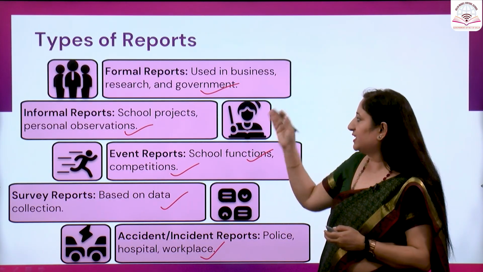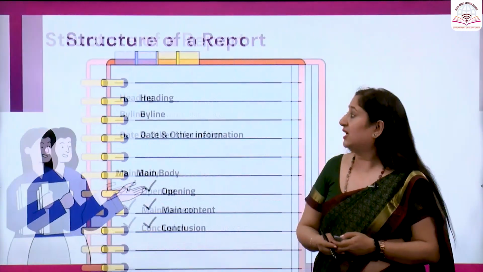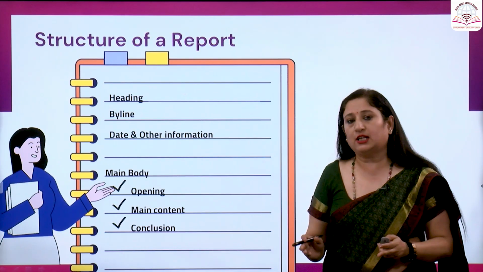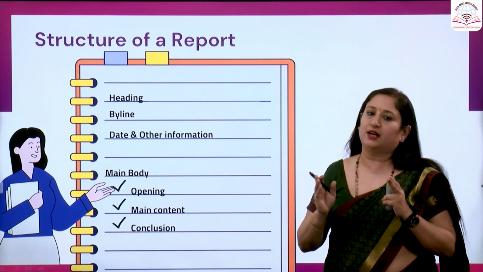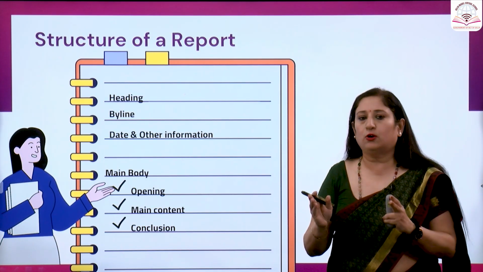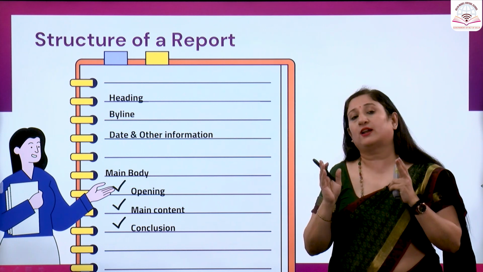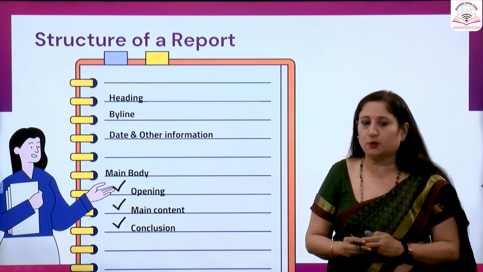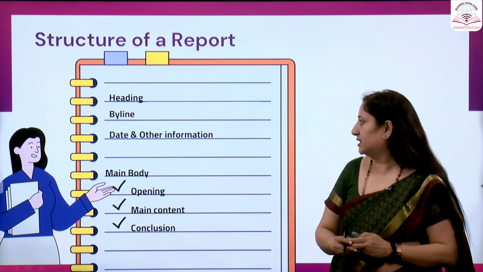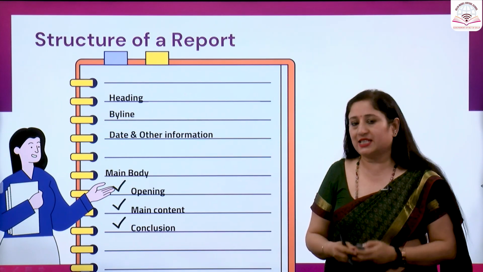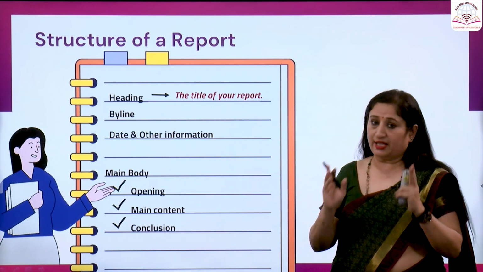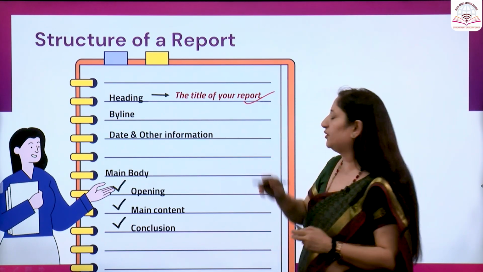So now we have seen different types of reports. It's time for us now to have a look at the structure of a report. That is, how do we keep it structured or how do we organize our reports? As you can see, we start with the heading, that is the title of your report.